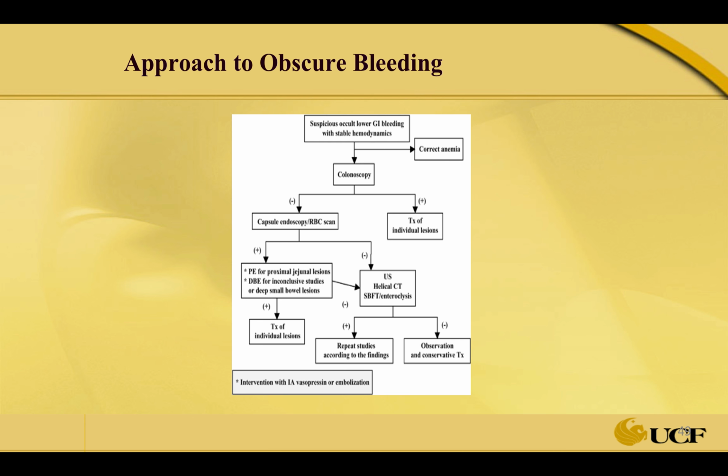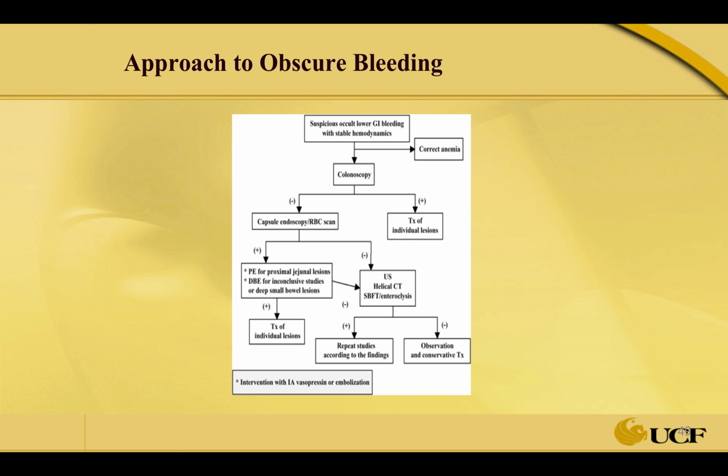So how do we approach this obscure bleeding? Once we have suspicions of occult lower GI bleeding with stable hemodynamics, the first step we need to do is correct the anemia, and then determine if colonoscopy is appropriate. If we have a negative colonoscopy, we can go for a capsule endoscopy or RBC scan. If the colonoscopy is positive, then we have to address the treatment of individual lesions.